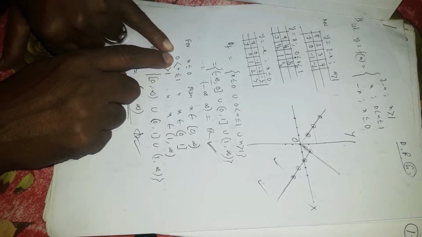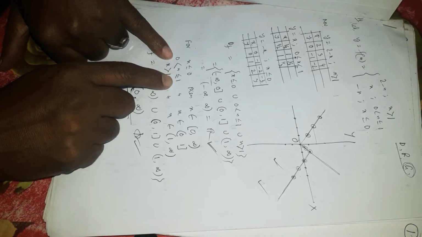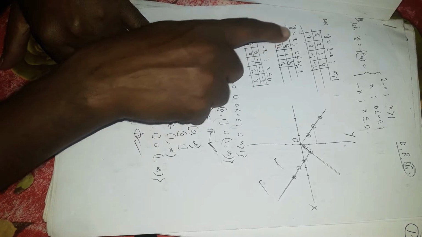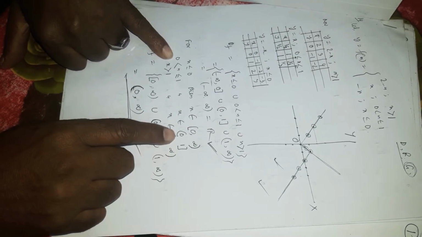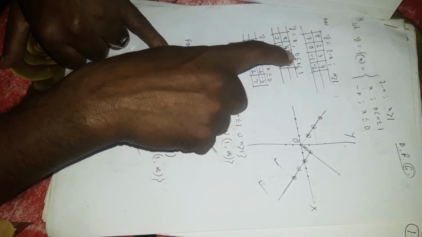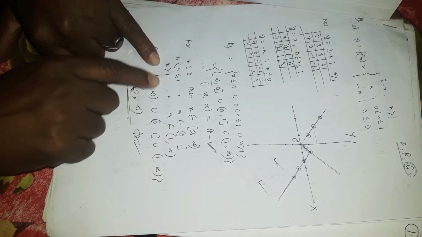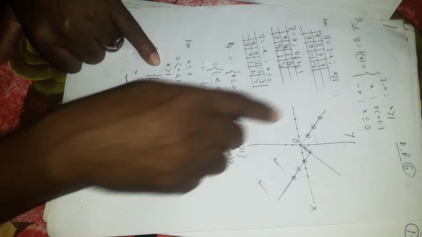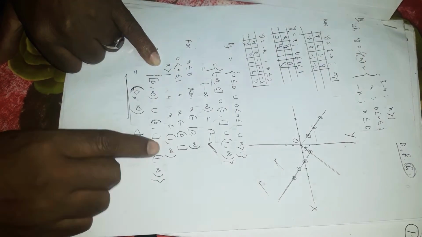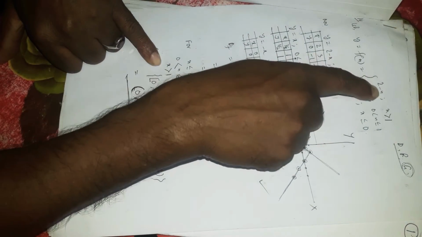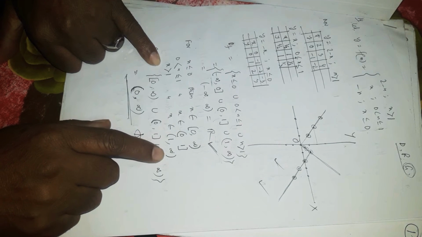Second interval, 0 is less than x is less than or equal to 1. Then y equal to x, just 0 to 1. And x is greater than 1, 1 to infinity.